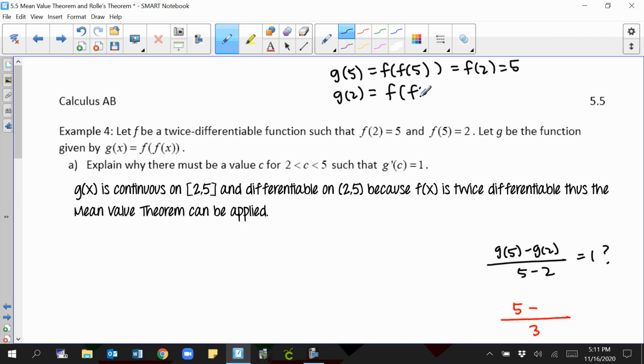So f of 2 is equal to 5, and f of 5 gets me back to 2. So 5 minus 2 is 3 over 3, which gives me 1. So that does check out. Make sure you're paying attention to the problem, like I clearly wasn't. So that does check out. And so we can say that the mean value theorem can be applied.